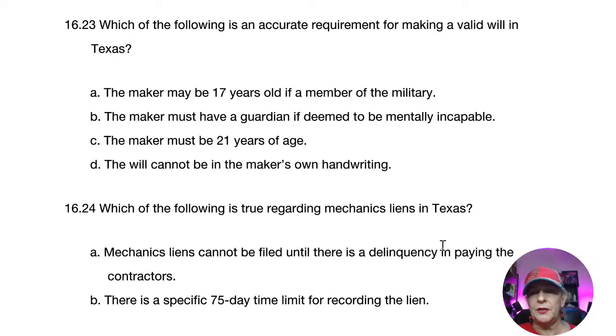Having a guardian, no, they would have to have some type of prior arrangement. The maker must be 21 years of age, no. They can be 18 if they're not a member of the military, okay? The will cannot be the maker's own handwriting, that's not an accurate statement, because some people do write their will in handwriting and date it and sign it.